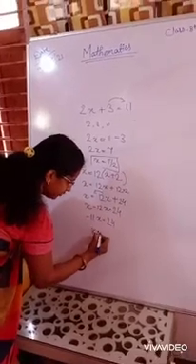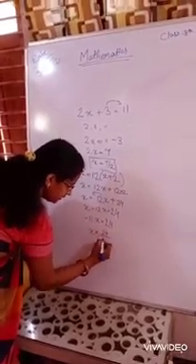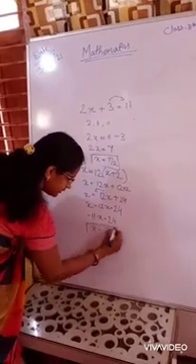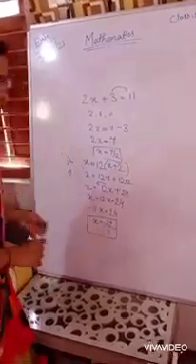So the value of x is 24 by 11, with the sign minus. x is satisfied by this number.